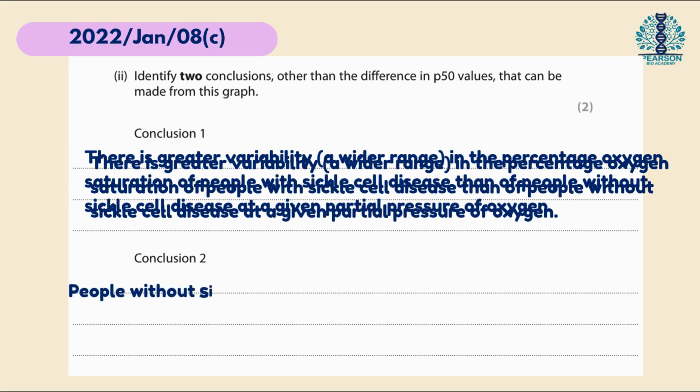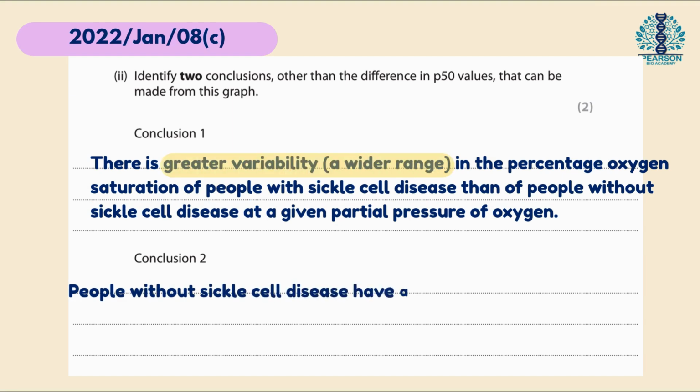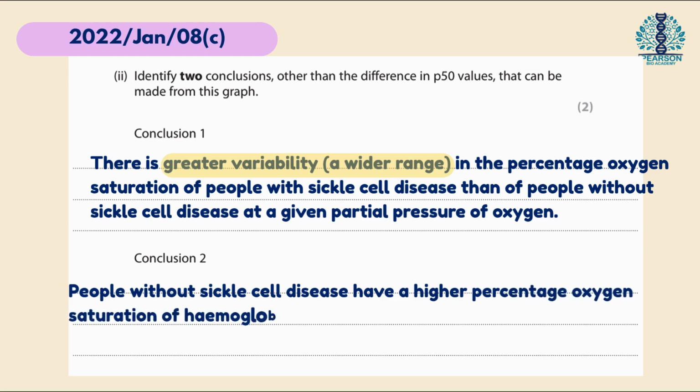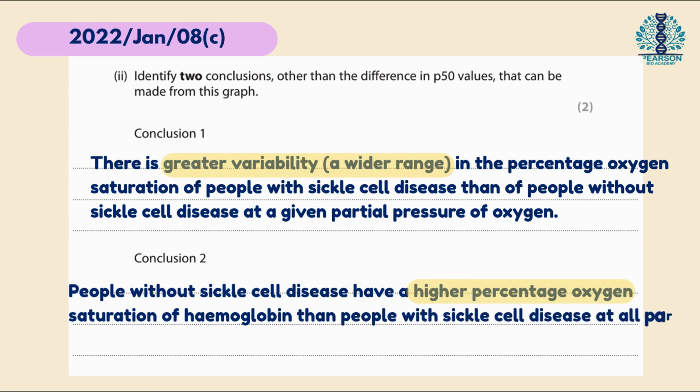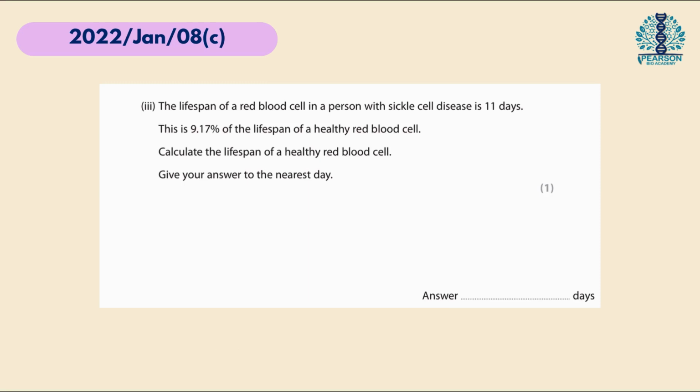And the second conclusion, at all partial pressures of oxygen, people without sickle cell disease have a higher percentage saturation of hemoglobin compared to people with sickle cell disease. So the healthy group always shows higher oxygen saturation at the same partial pressure. Now, the calculation question: the lifespan of a red blood cell in a person with sickle cell disease is 11 days, and this is 9.17 percent of the lifespan of a healthy red blood cell.